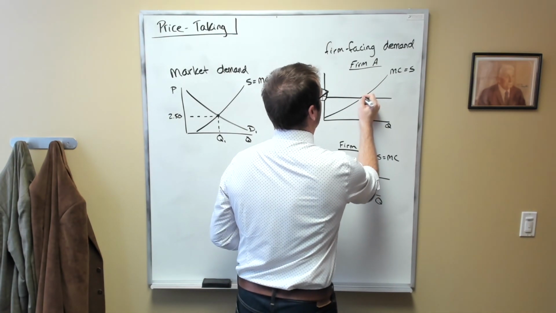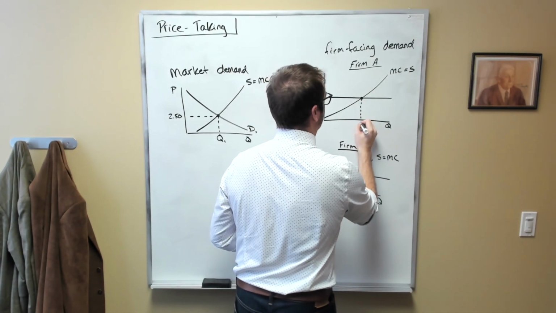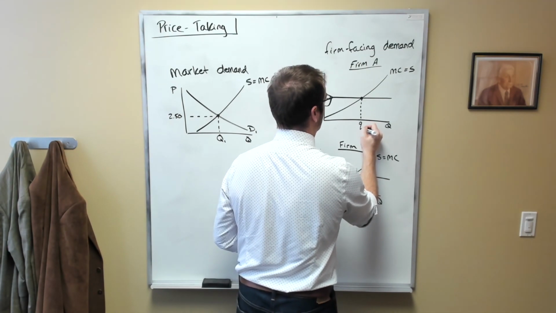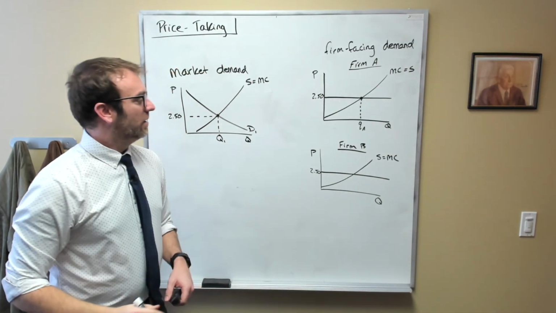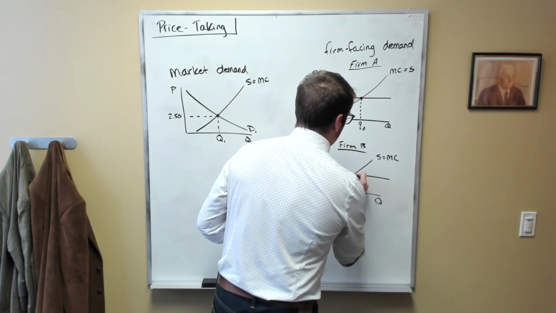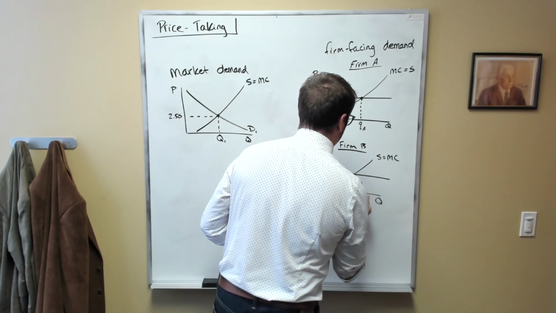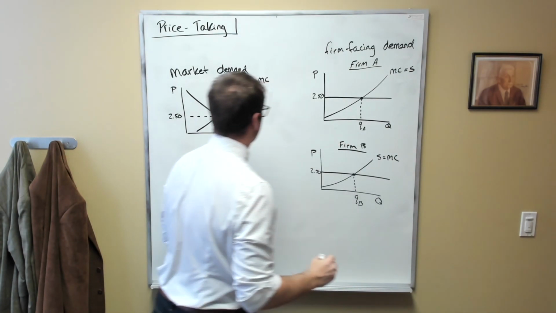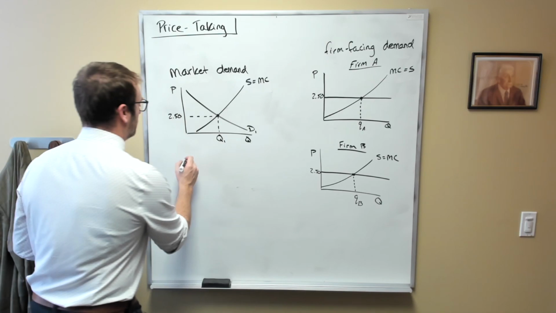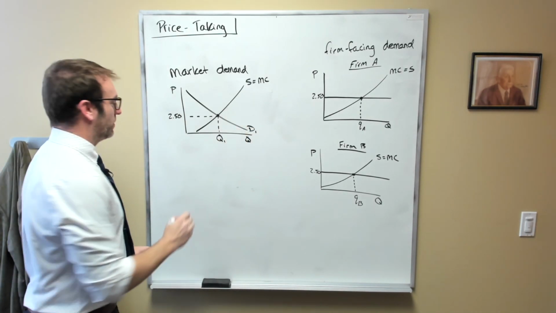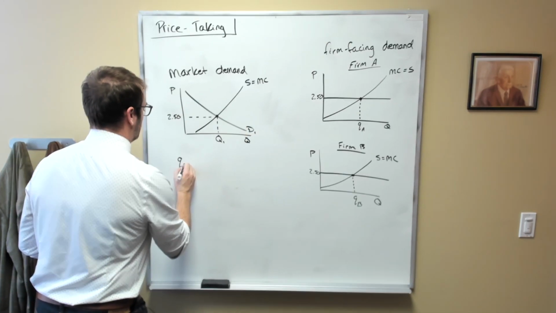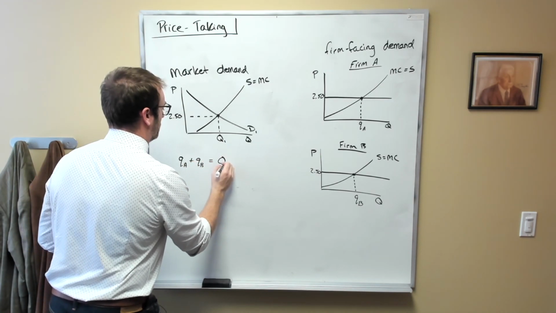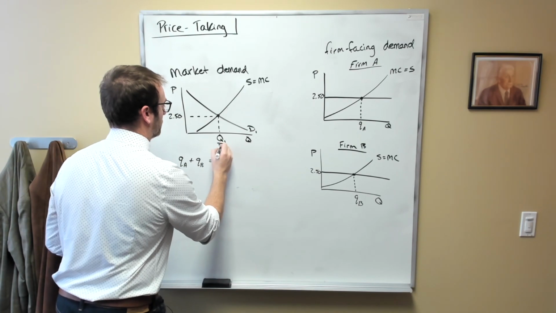And so here would be the profit maximizing amount that firm A could produce, and we'll call it lowercase q A. And this would be the amount of pills or product that firm B could produce, and we'll call it lowercase q B. Now, what's kind of cool is that if these are the only two firms in the market, then qA plus qB must be equal to capital Q, this here.